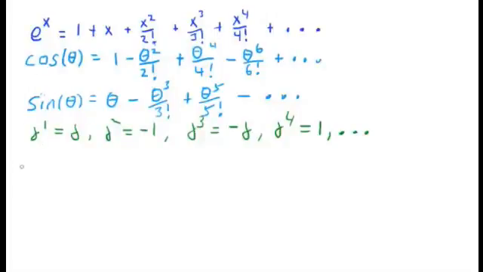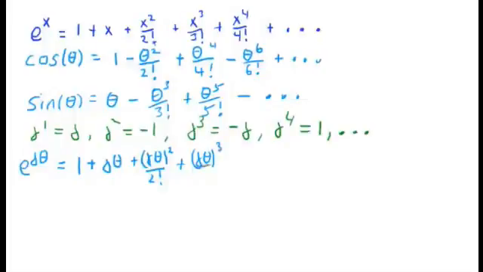On the left-hand side, we have e to the j theta, and so that equals 1 plus j theta plus j theta squared over 2 factorial plus j theta cubed over 3 factorial.